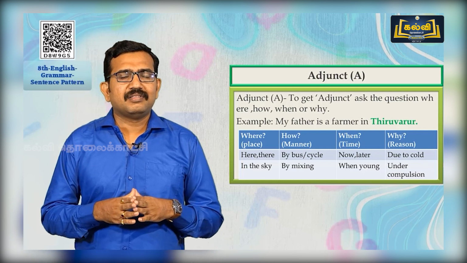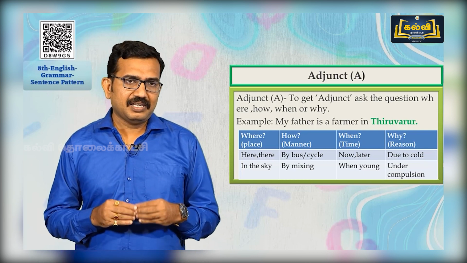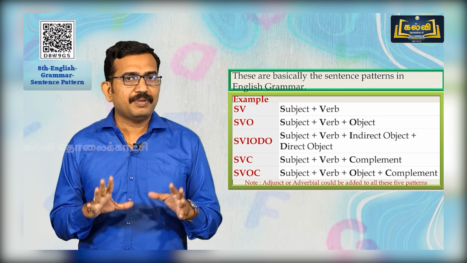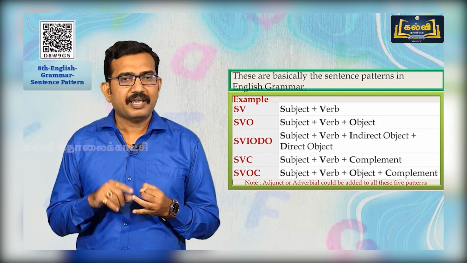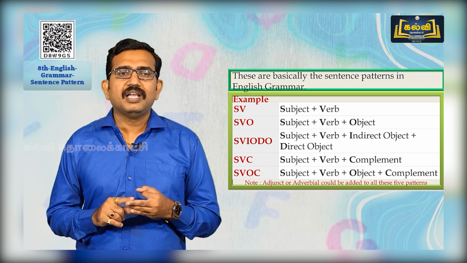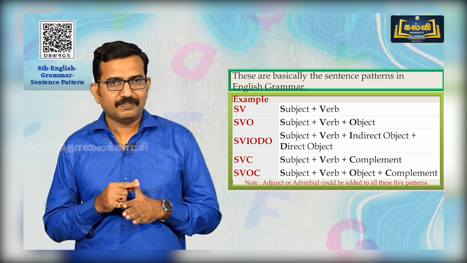So let's check the basic sentence patterns in English grammar. We have seen the abbreviations and the explanation for each: subject, verb, object, indirect object, direct object, adjunct and complement. All these five you know thoroughly. And when we combine these, there are five basic patterns: SV, SVO, SVIO-DO, SVC, SVOC.